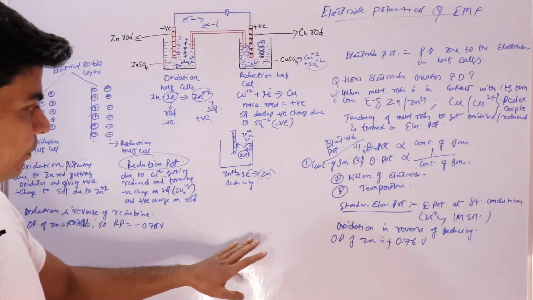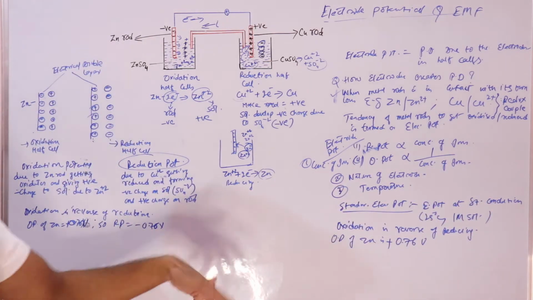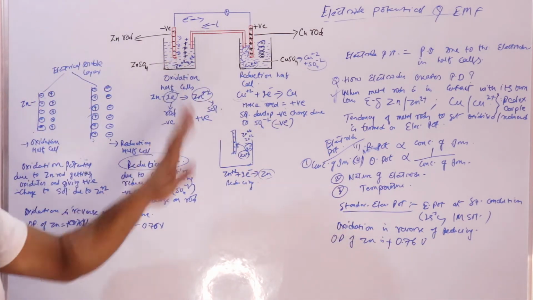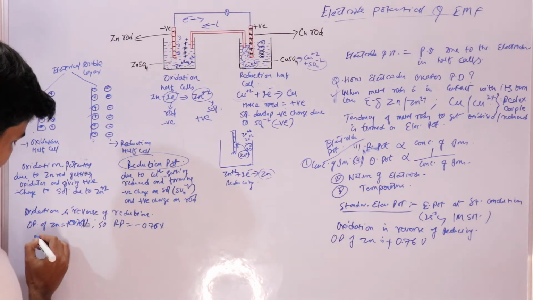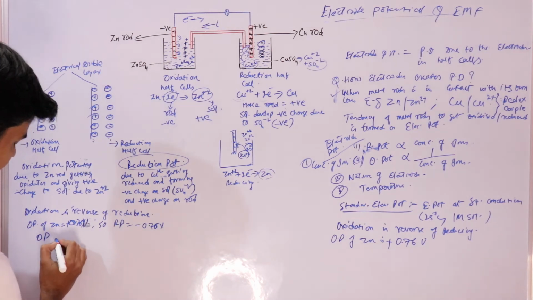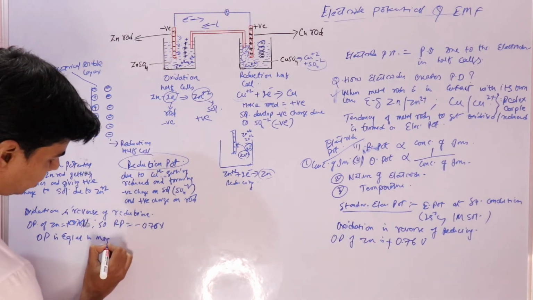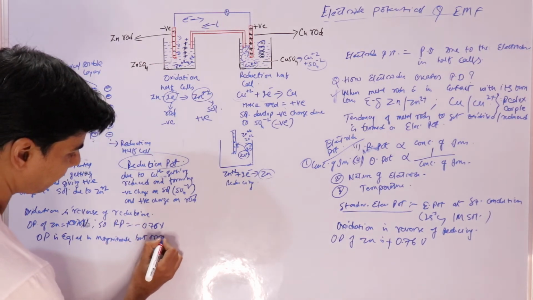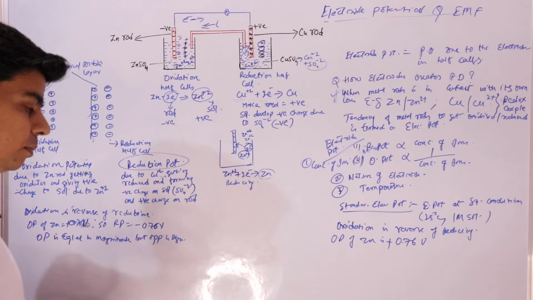And we have studied here that when the concentration of ions increases, this reduction potential will start increasing. So this in a way depends on the concentration of ions. Just remember this, that oxidation potential is equal in magnitude but opposite in sign to reduction potential.